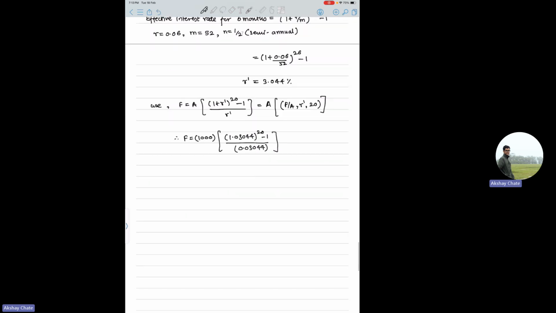Let me just do that. 1000 into 1.03044 raised to 20 minus 1, divided by 0.03044.